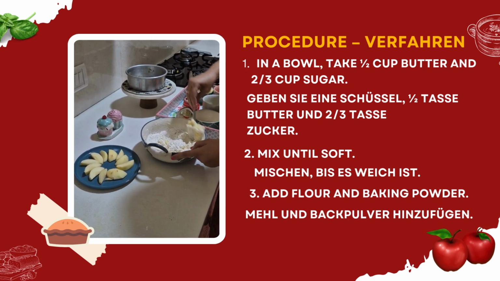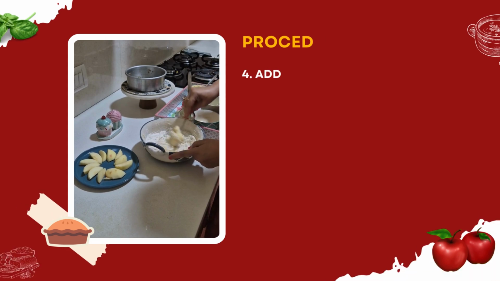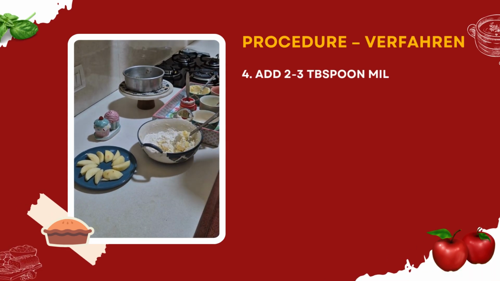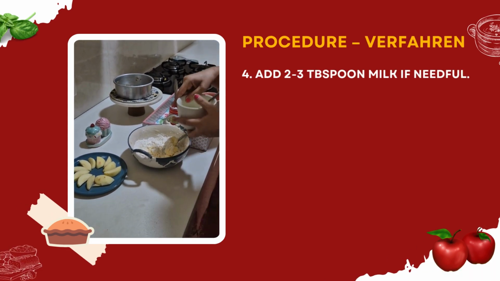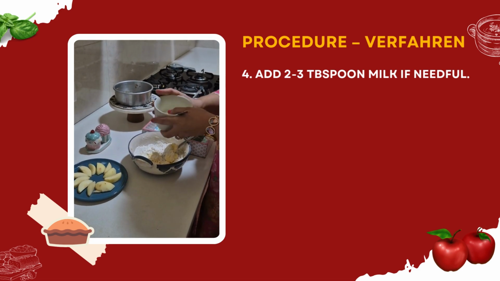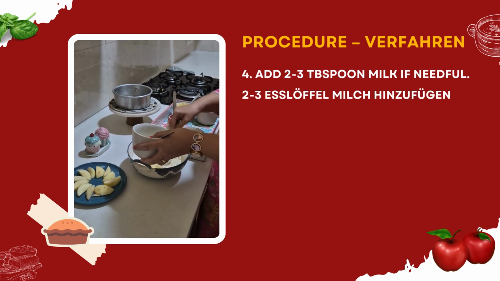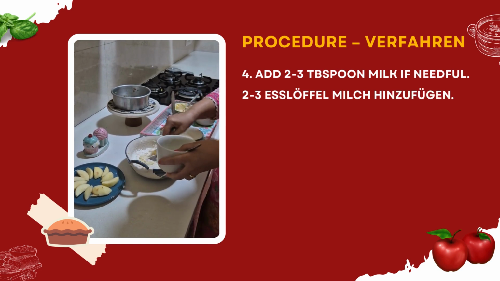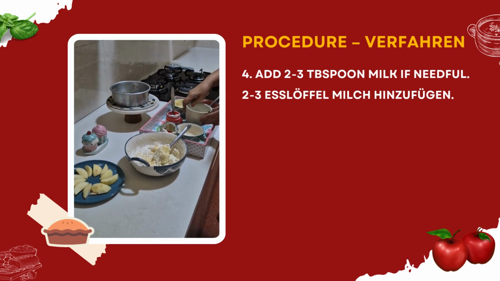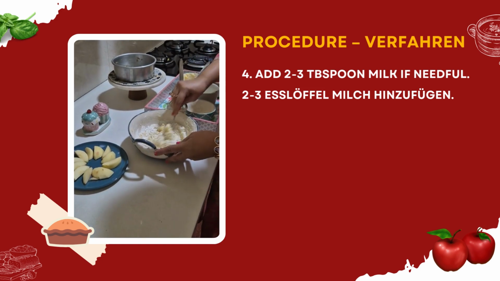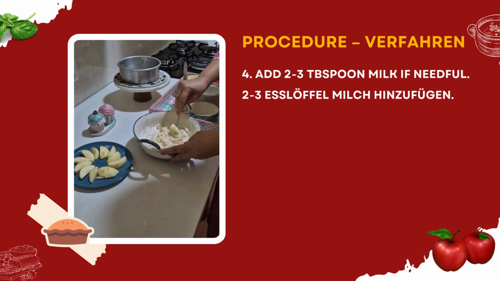Now mix it well. Now if needed, you just have to add some milk to it. So und 2 oder 3 Esslöffel Milch hinzufügen, meaning you have to add it. So now our batter is ready.